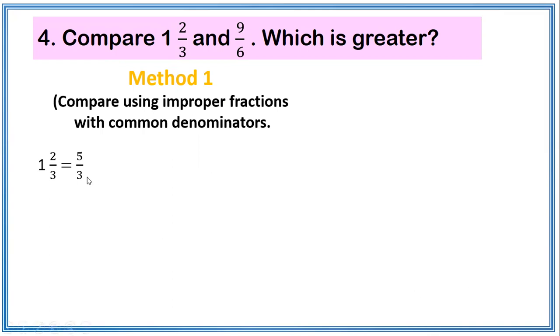So 1 and 2 out of 3 is equals to 5 out of 3. So again, how did we get 5 out of 3? 3 times 1 plus 2 is 5, then copy the given denominator. Okay.